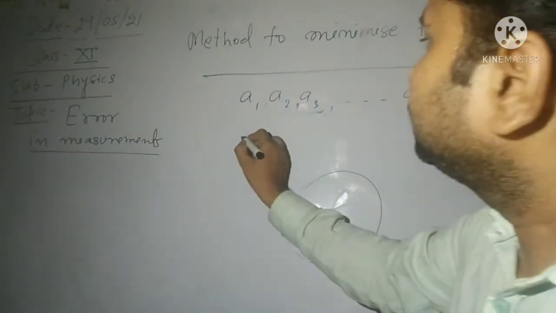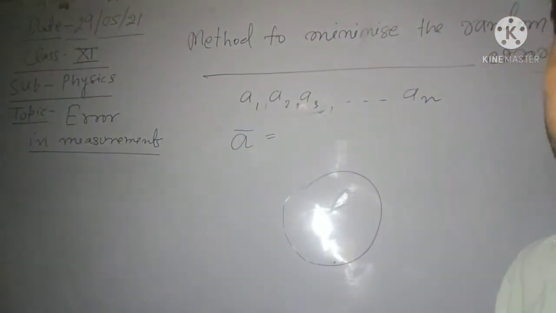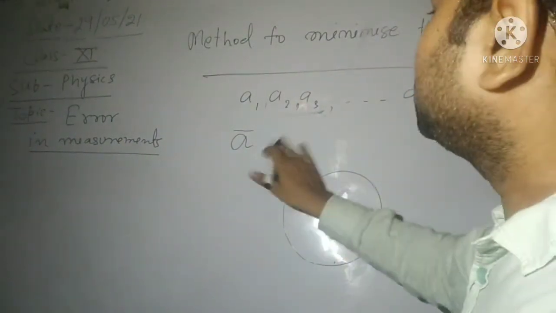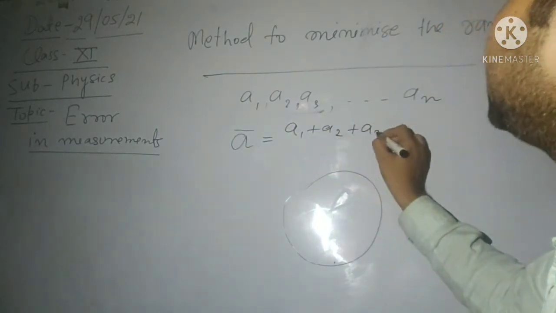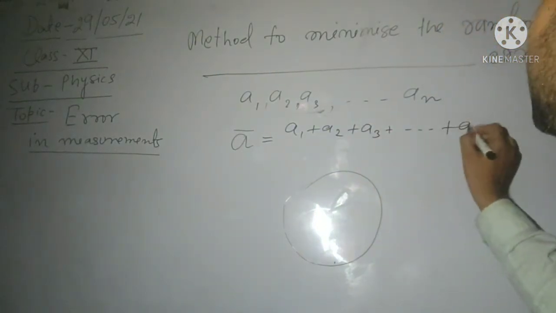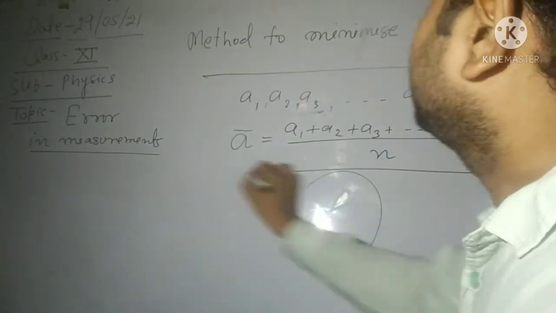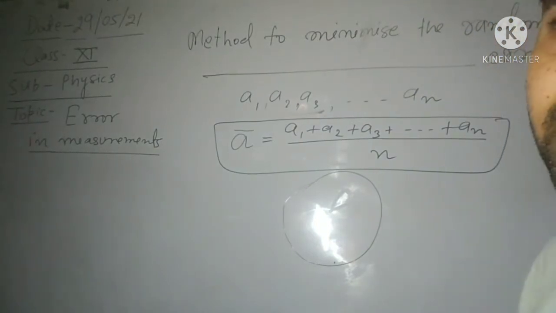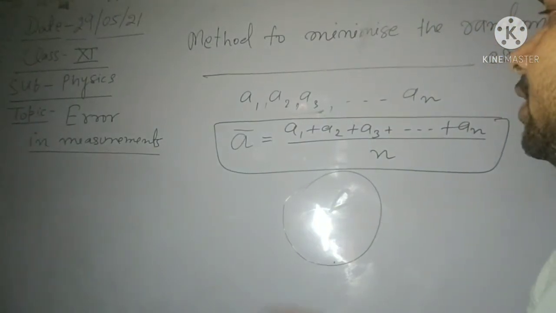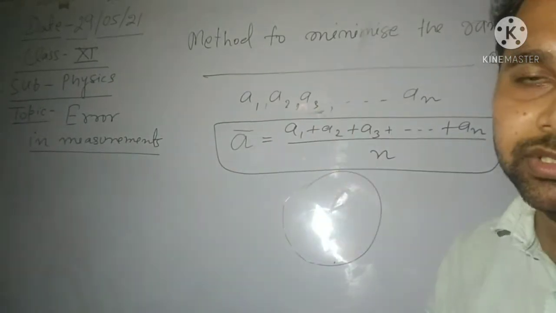So the arithmetic mean is given by A bar, and it equals (A1 + A2 + A3 + ... + AN) divided by N. So this is the arithmetic mean, also known as the average. So this is the average or arithmetic mean of the observations.